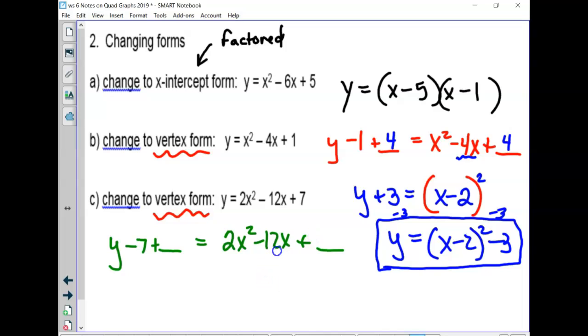I can't take half of this. Anybody know why? Yes, we can't complete the square when there's a coefficient other than 1. We have to pull it out. So I would go y minus 7 plus blank equals, take out the 2, and then you'd have x squared minus 6x plus blank.